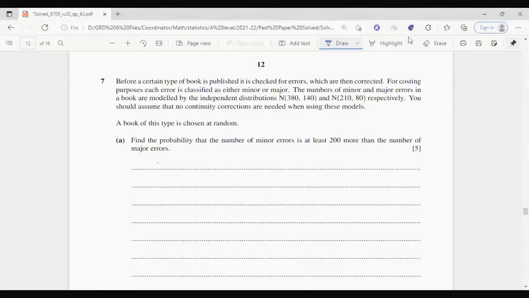So let's write down all the given distributions. Minor is given to be a normal distribution with 380, 140, whereas major follows a normal distribution with 210, 80 as the variance. Now, find the probability that the number of minor errors is at least 200 more than the number of major errors.